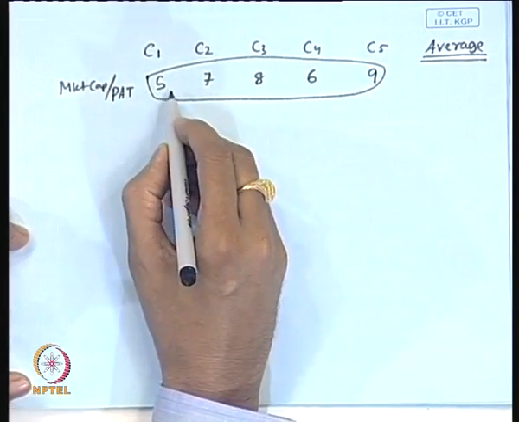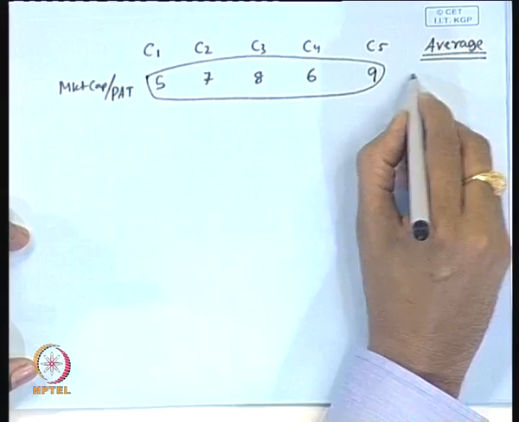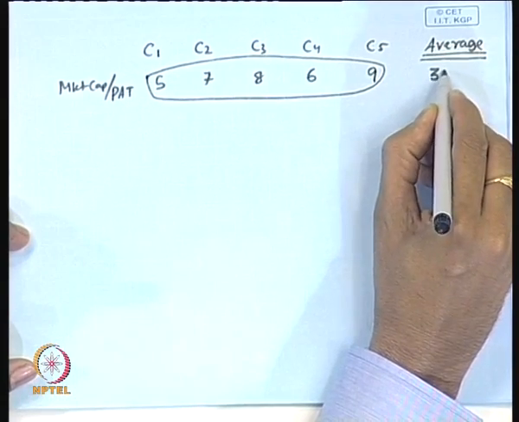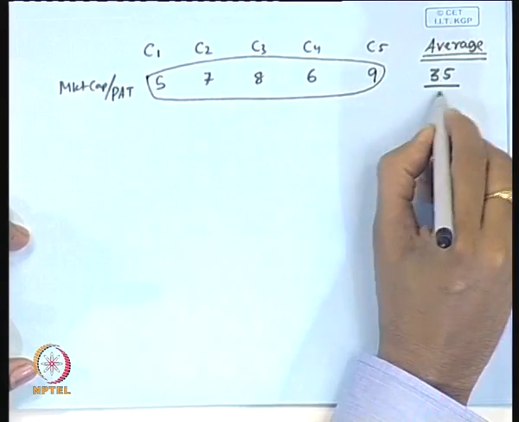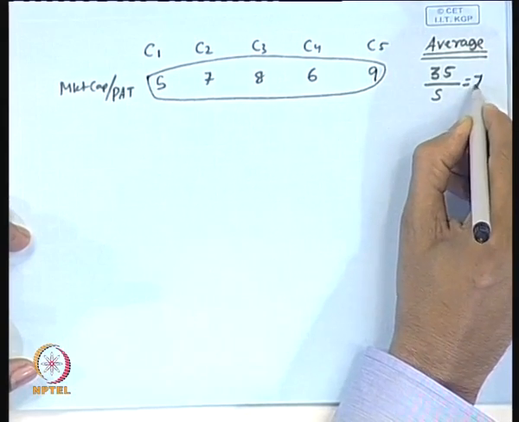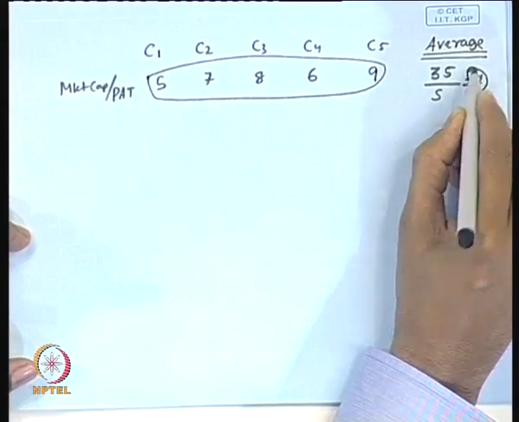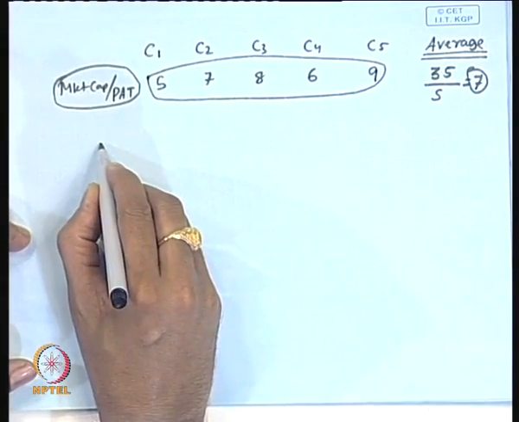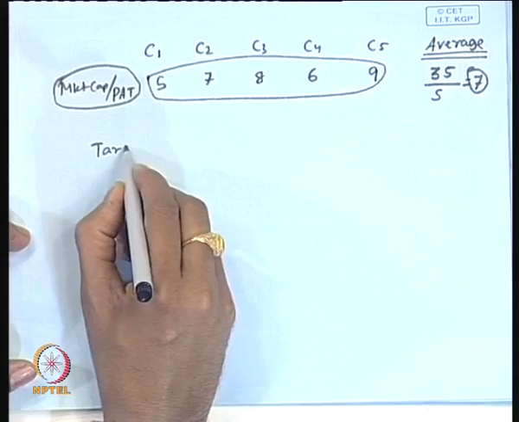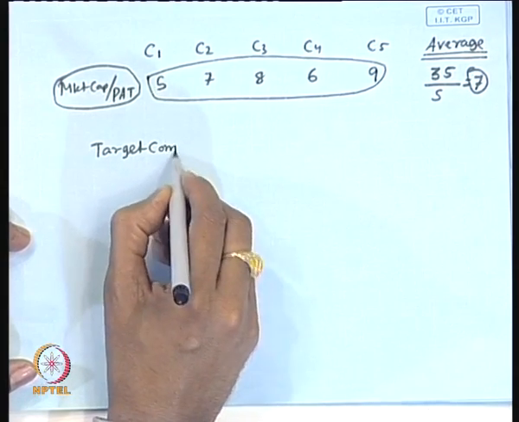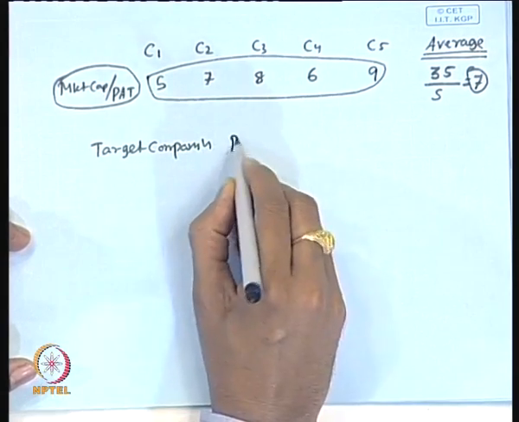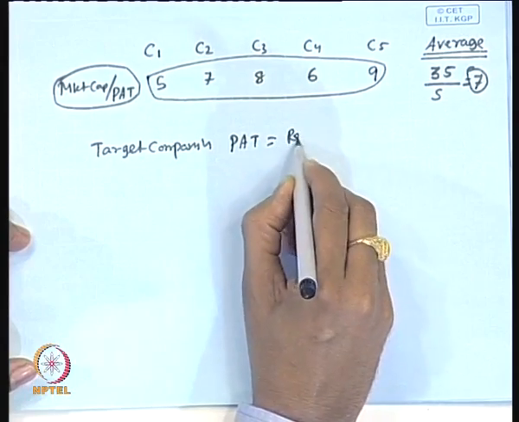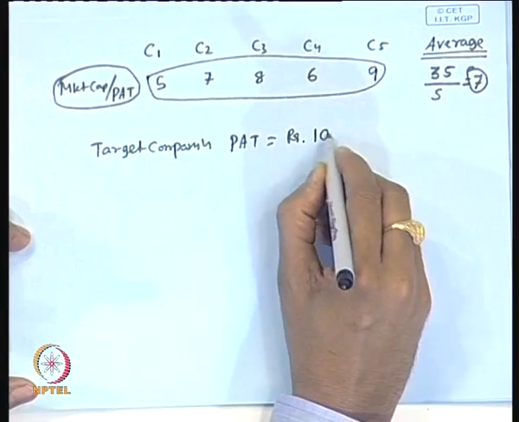In simple average, the sum of these comes to 35, and there are 5 companies, so 7 is the average MCAP to profit after tax multiple. Now, we should have the target company, let us say the target company's profit after tax is rupees 10 crore.